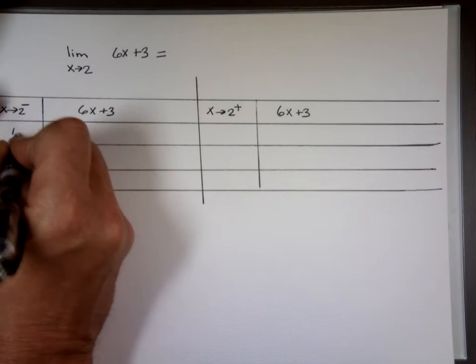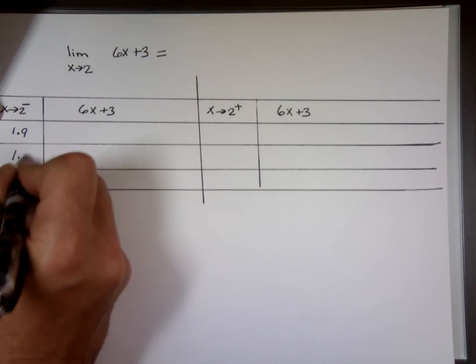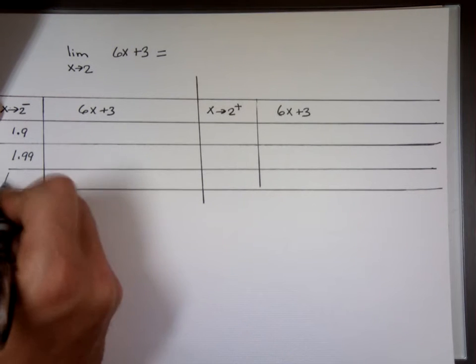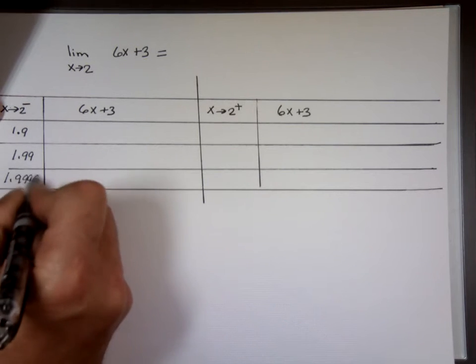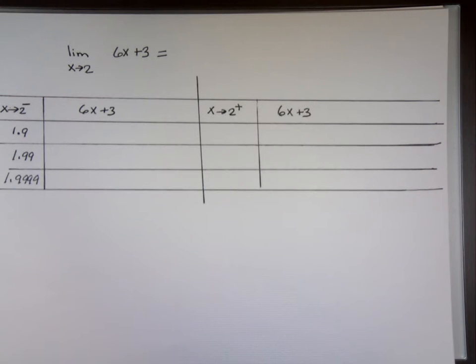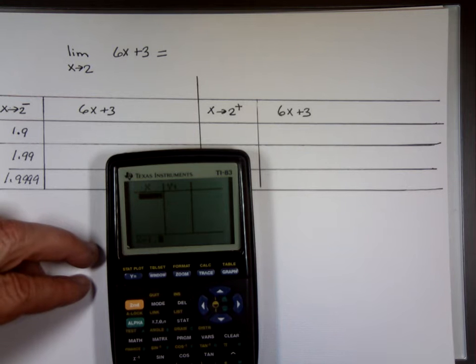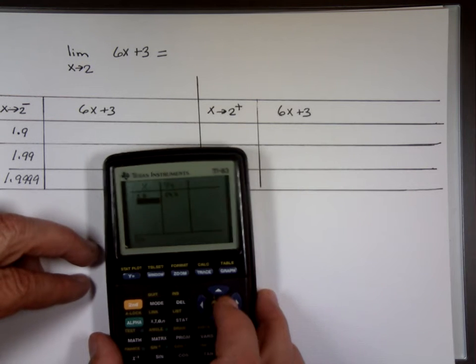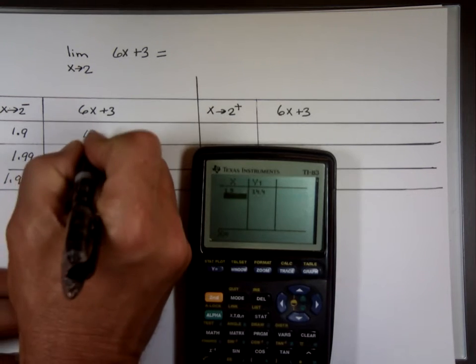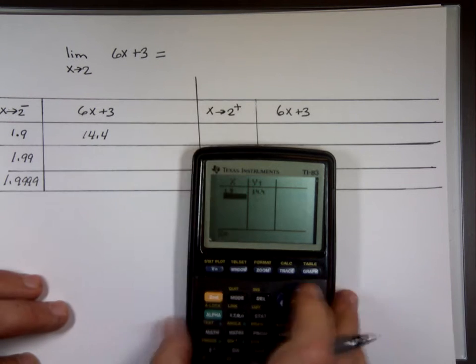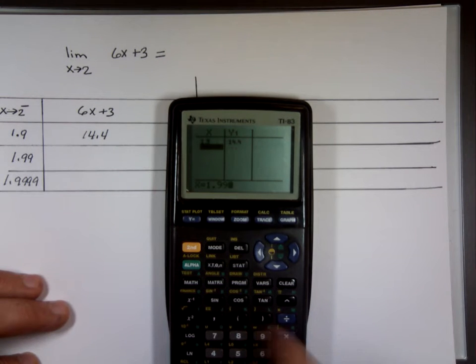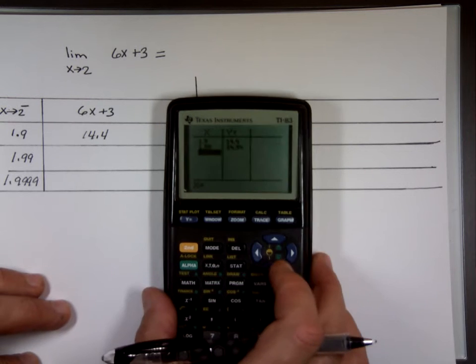1.9, 1.99, and I'll do 1.9999, 4 nines. I'm skipping 1. 1.9, I got 14.4. 1.99, 14.94.